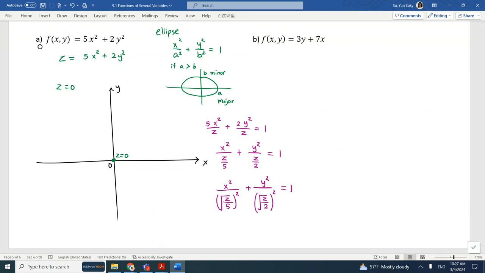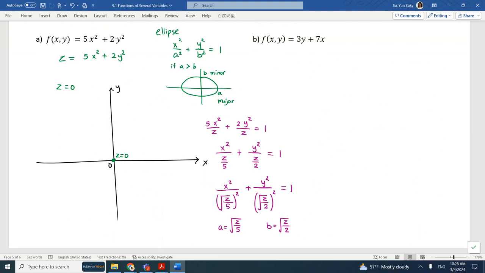My a is square root of z over 5. And my b is square root of z over 2. Okay? So we pick different z values and we have different numbers. In this case, it's hard to get nice integers. So we don't really need integers. But you can see a and b, which number is bigger?